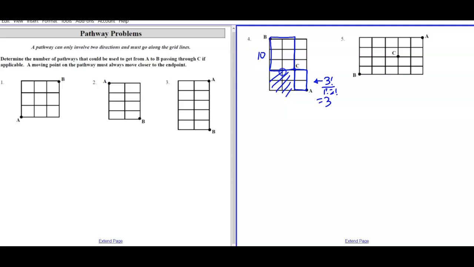So that's multiplication. For the first way to get to C, there's 10 ways to get to B. For the next way to get there, there's 10. And the third way, there's 10. So when it's split up like that, you have to go through C. There are your 2 rectangles. Find the pathways for each part and multiply them together.